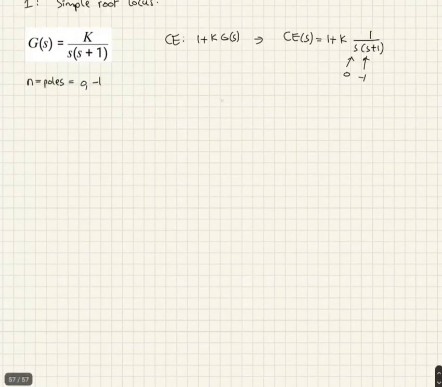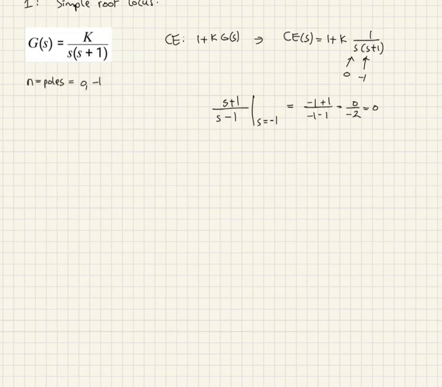Let's say you have this equation: s plus 1 over s minus 1. If we say s equals -1, what happens? We have -1 plus 1, which is 0, over -1 minus 1, which is -2. And 0 divided by a number is just 0.